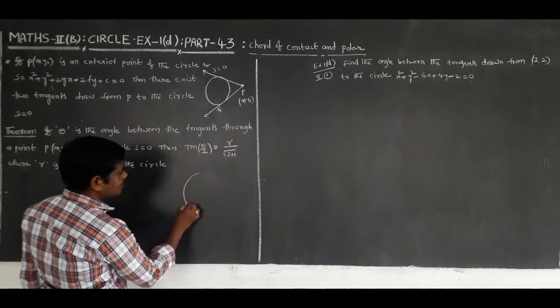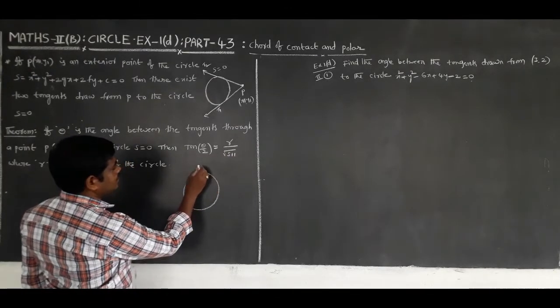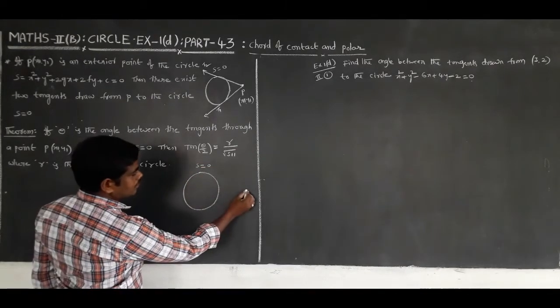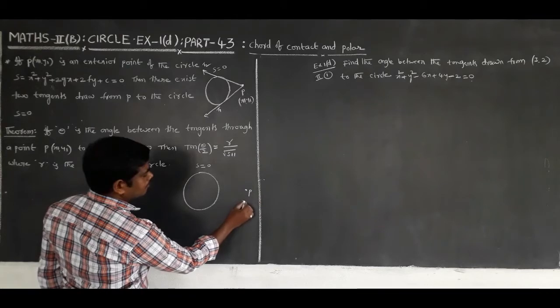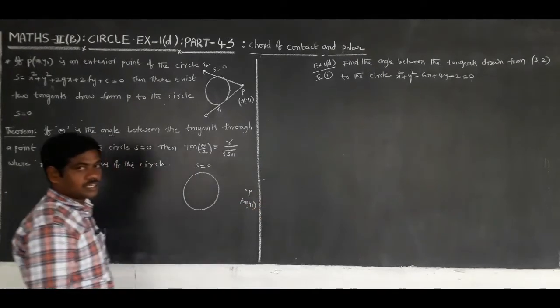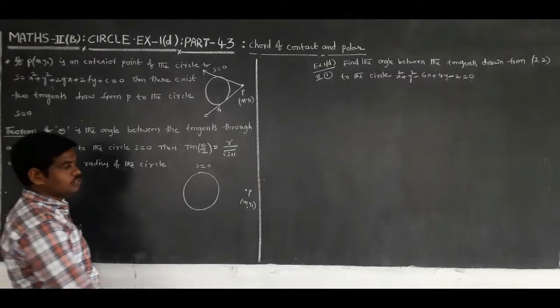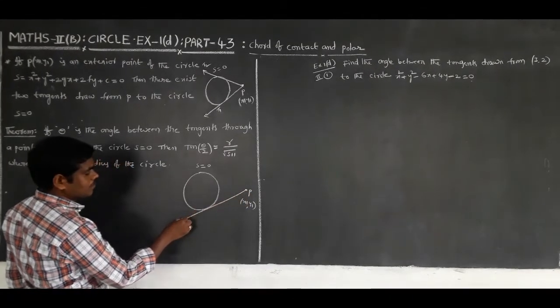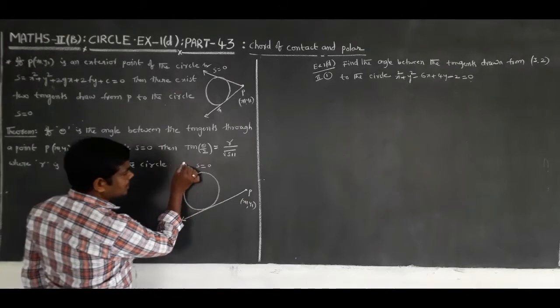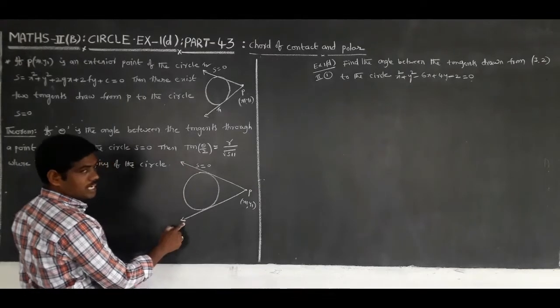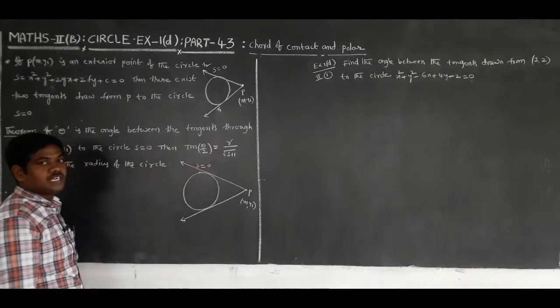This is the equation of the circle, S is equal to 0. This is P(x1, y1), the exterior point of the circle. Here two tangents are drawn from P to the circle. This is the first tangent. This is the second tangent.